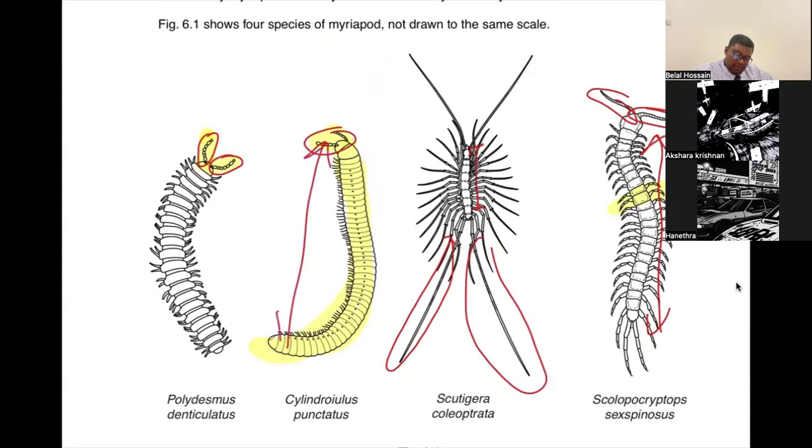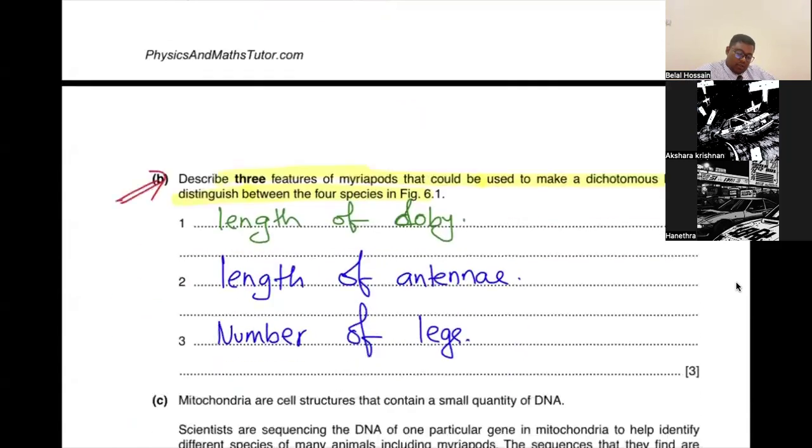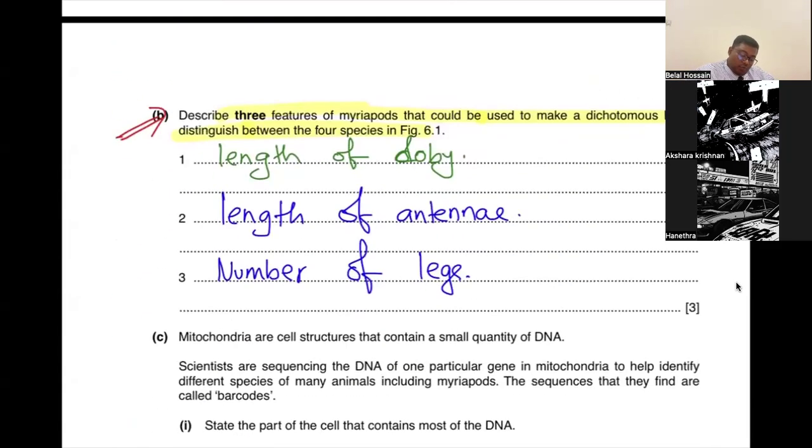Then you can see two legs per segment, or multiple legs per segment, only one leg per segment. Of course, we can also do it by the number of legs. I already told you there are 14 correct answers.